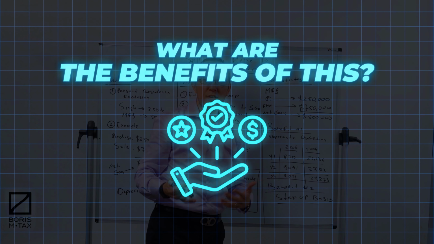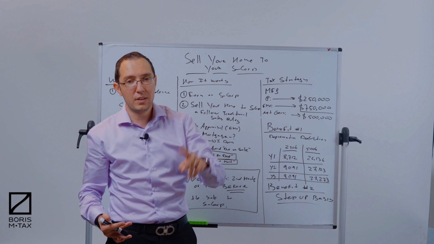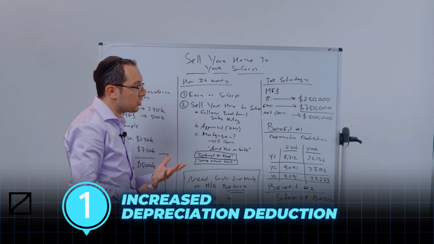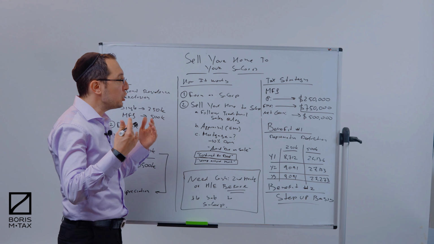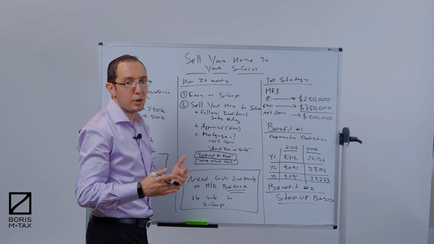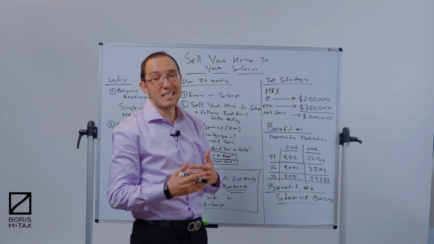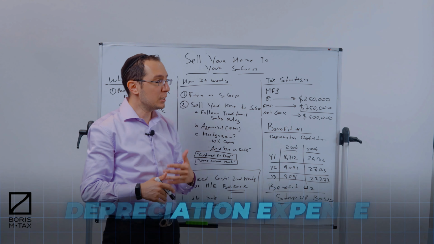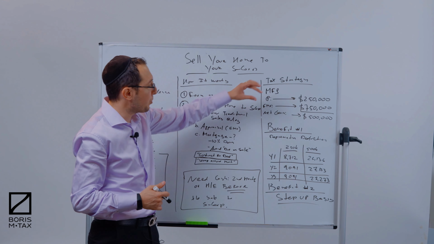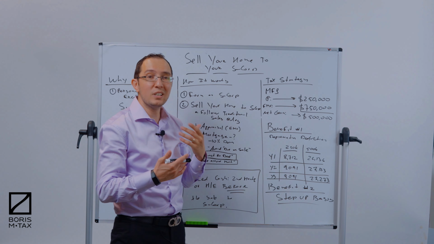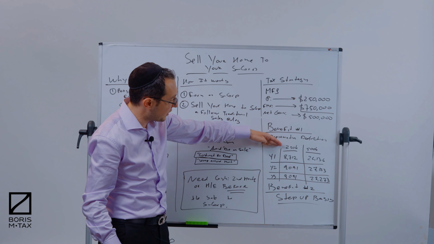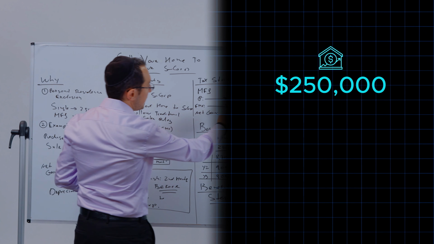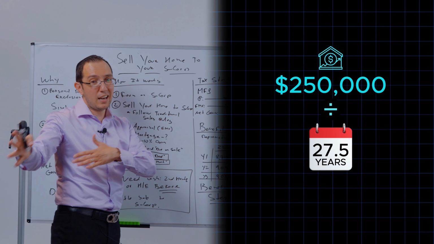Now, what are the benefits of this? There's two main benefits. Benefit number one is that you will get an increased depreciation deduction. Remember, when you have a residential property or a commercial property, you can take a depreciation expense. The depreciation expense would be what the property cost you. So if you do not sell it to an S-Corporation, then depreciation will be calculated on $250,000, so it'll be $250,000 divided by 27 and a half years.